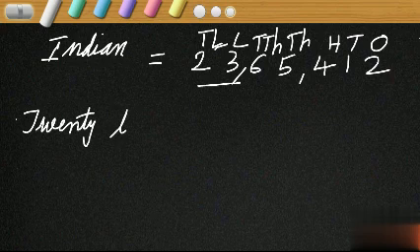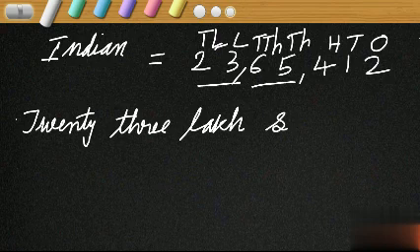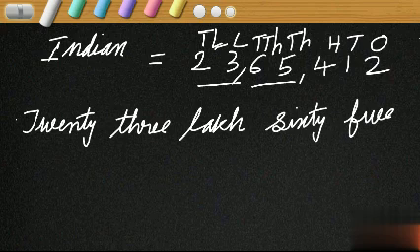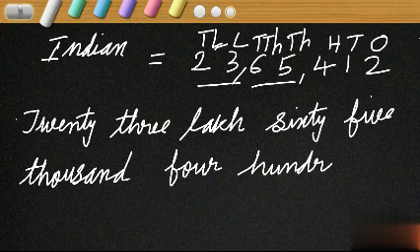Then how much thousand? Yes, 65,000. And in the ones period, 412, isn't it?